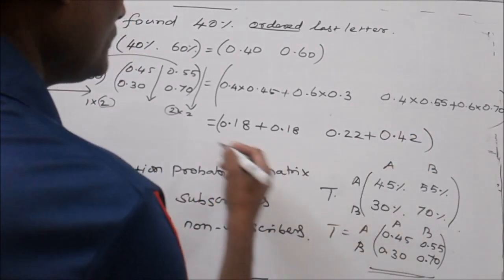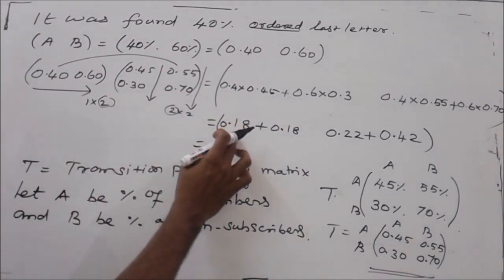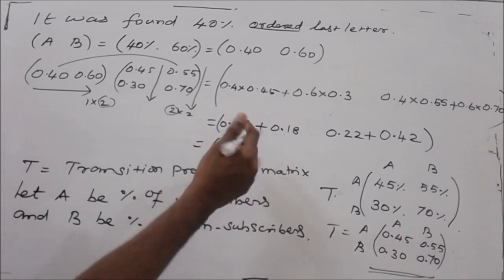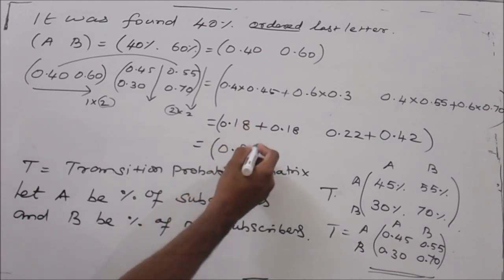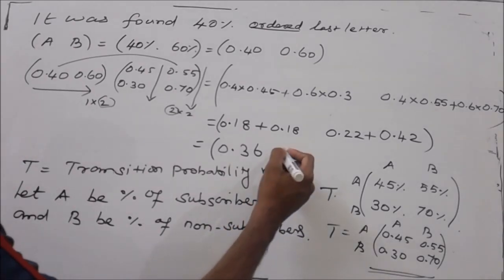Now adding these two values, we have 0.18 plus 0.18, 0.36, and here 0.42 plus 0.22, which will be equal to 0.64.